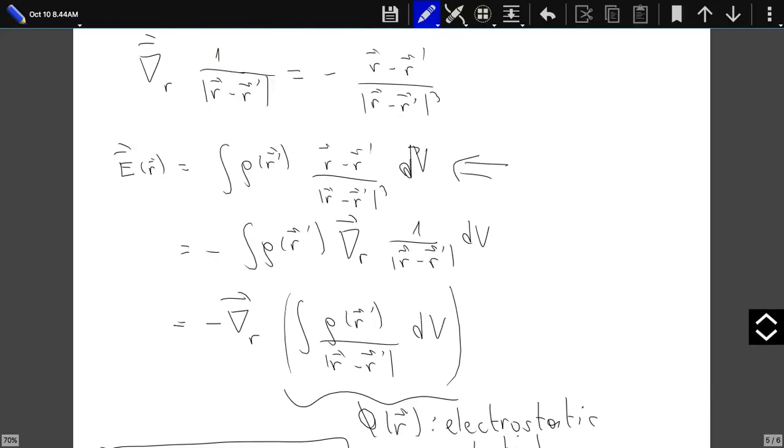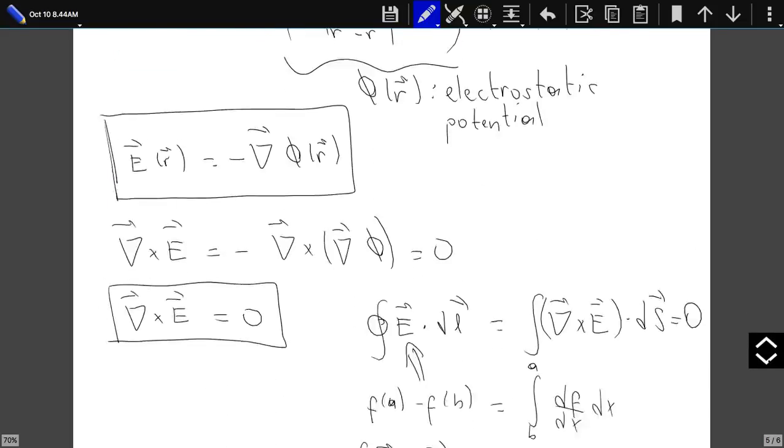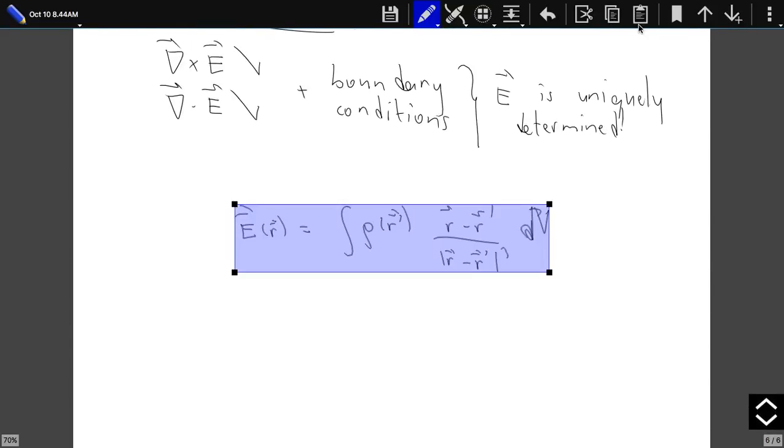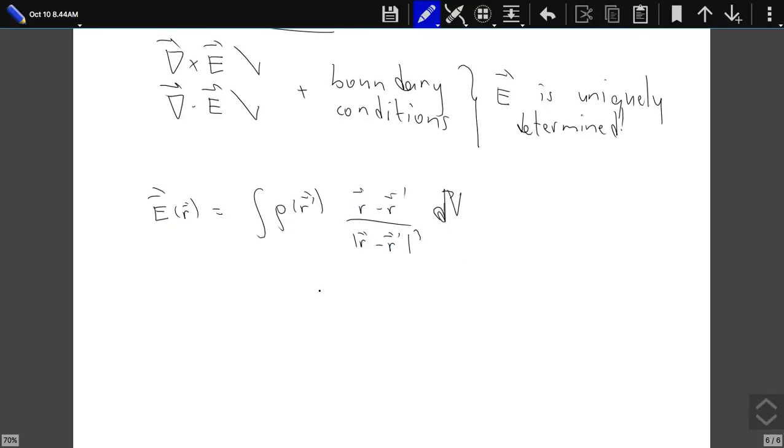Well, although this expression is not always useful in evaluating the electric field, nevertheless it is true. So we can always use it to study the general properties of the electric field. Well, we had seen that this is equal to minus rho of r prime, the gradient with respect to r of 1 over r minus r prime, integrated over the volume. Let's take the divergence of this one with respect to r.